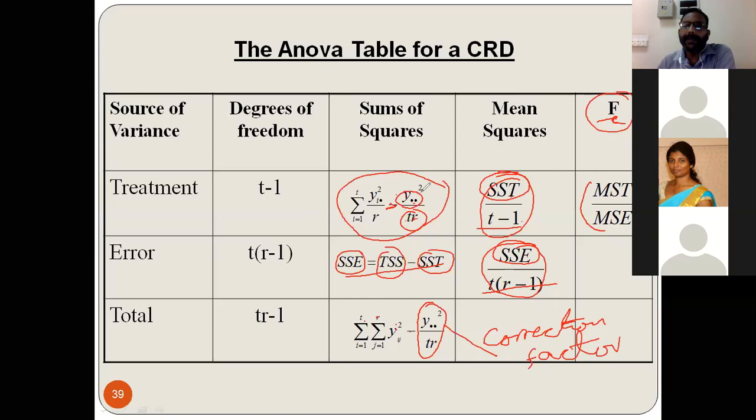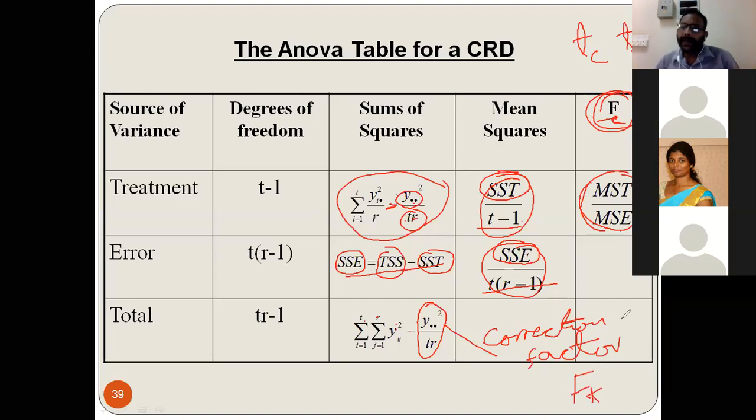Can you remember in the first course we talked about TC, the T calculated value, and TT, the table value. Similarly, we have the F calculated value, FC, which is calculated from this ratio, and also we have FT, the table value.